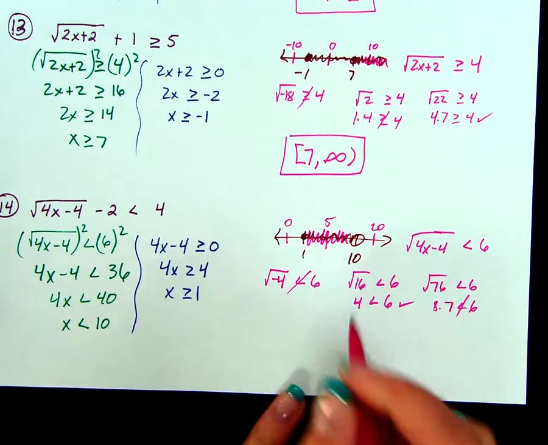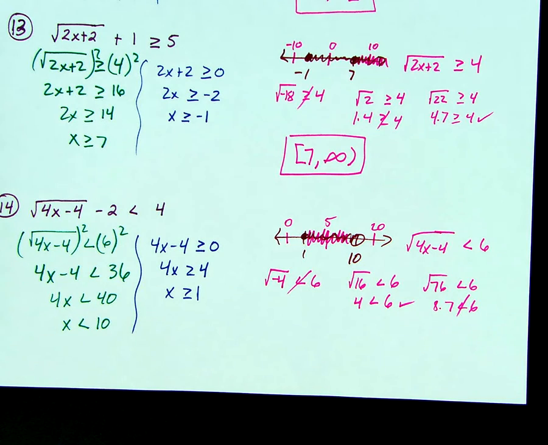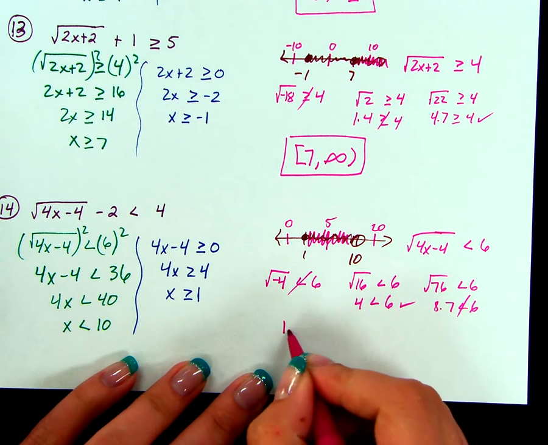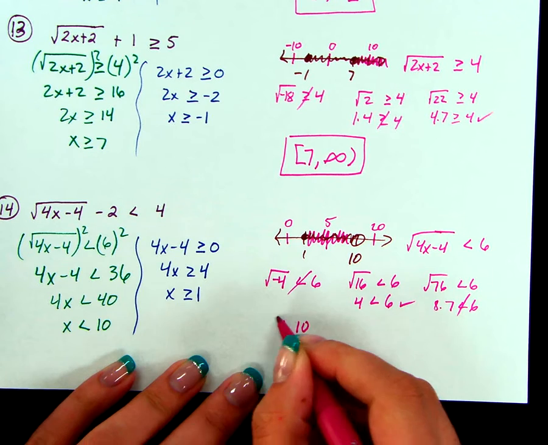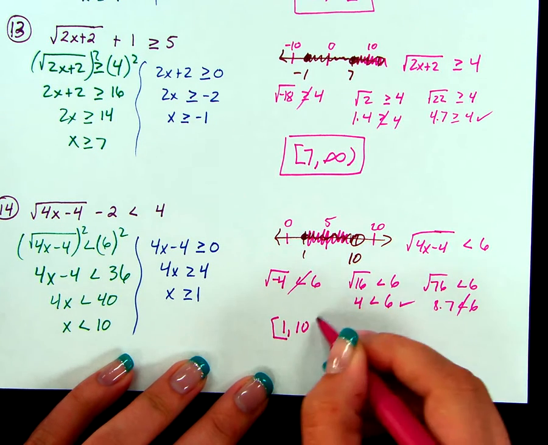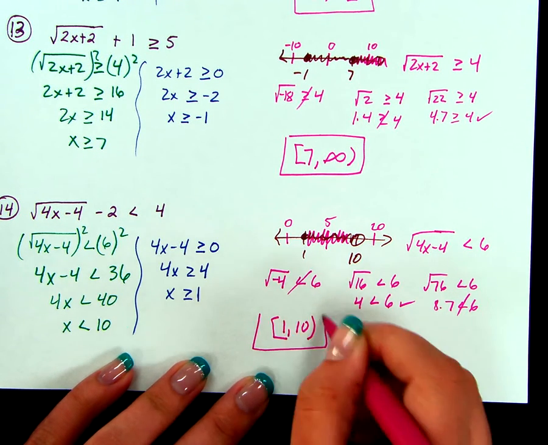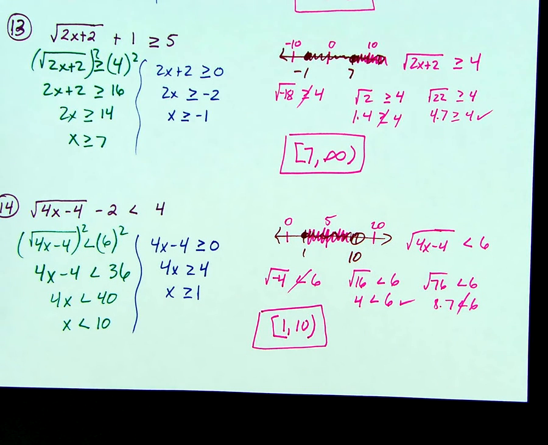So that means that our shading is in between. Our final answer has to be between 1 and 10. 1 is included, so we have a bracket. 10 is not because of that open circle, so that's a parenthesis. This is going to be our final simplified answer.